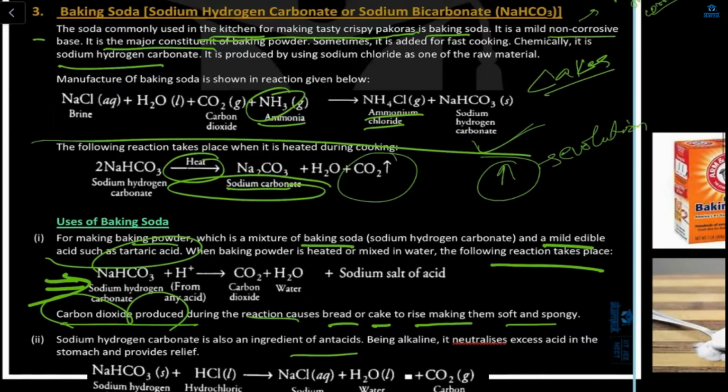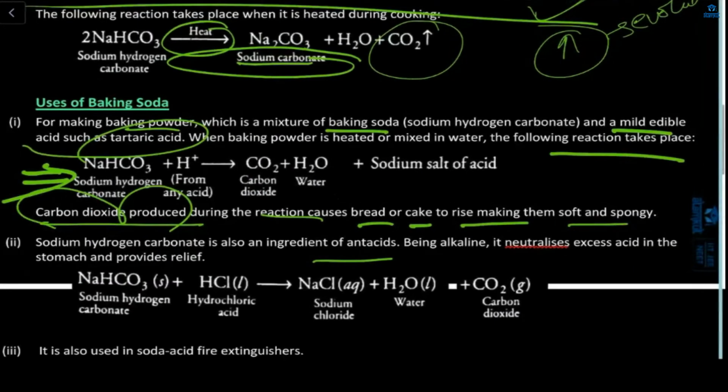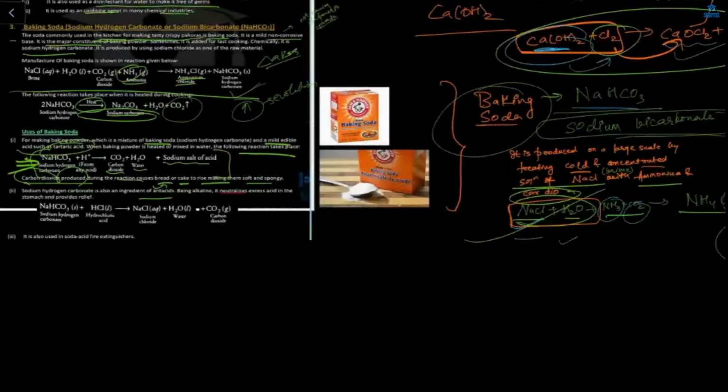NaHCO3 is also the formula of my baking soda. If we react baking soda with tartaric acid, it will produce carbon dioxide and water plus the sodium salt of the acid. With the help of this carbon dioxide, our breads or cakes become fluffy. Remember this reaction. This reaction is very easy.